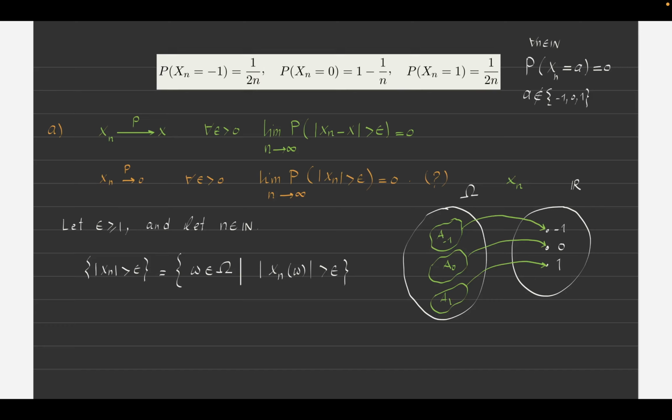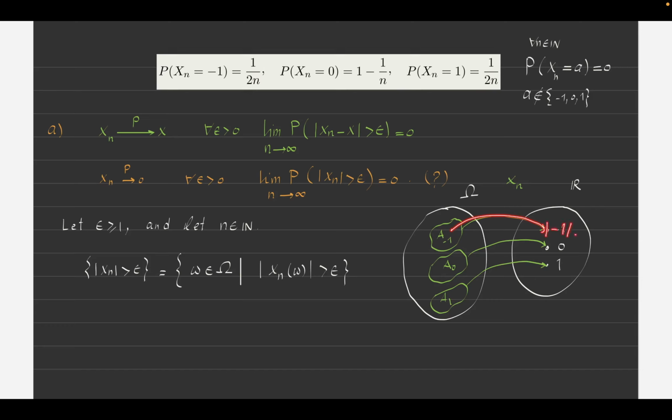Okay, so now here I am assuming that epsilon is greater than 1. And I am looking for all those omegas for which, when x n acts on it and I take the absolute value of the output, it becomes greater than epsilon. One thing is clear: this omega cannot be here. Because if this omega is here, it will be assigned to -1.